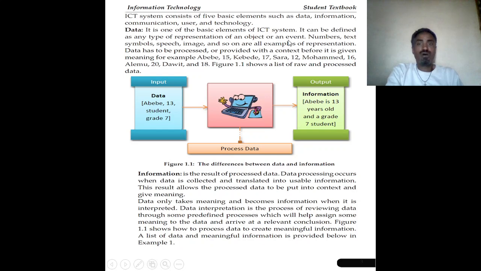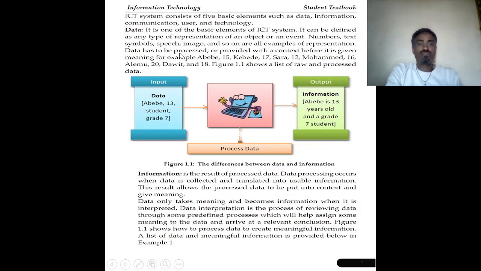For instance, it can be a picture, numbers, text, symbols, speech, image, and so on. These are all examples of representations of data.